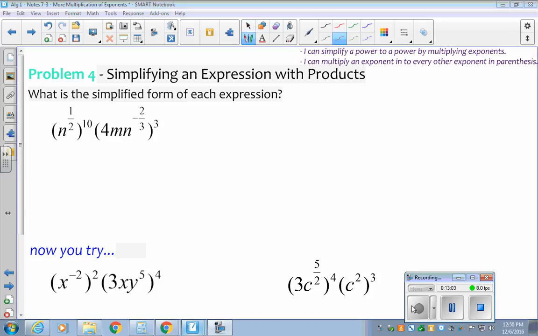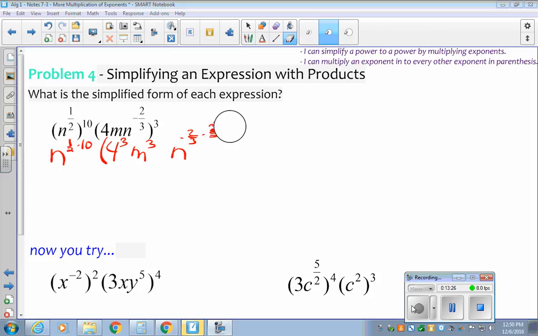So this is going to be n to the 1/2 times 10. And then this is going to be 4 to the 3rd, m to the 3rd, n to the negative 2/3 times 2. Oh, sorry, times 3. Oh, no. That's okay. Let's do it legit.